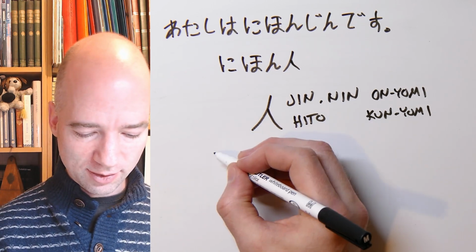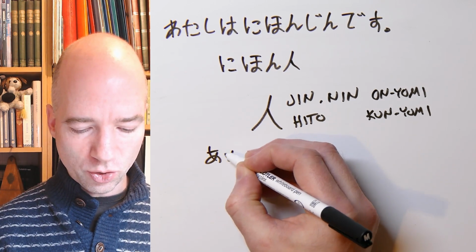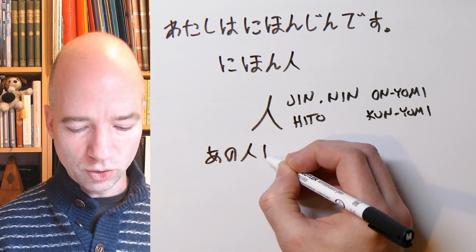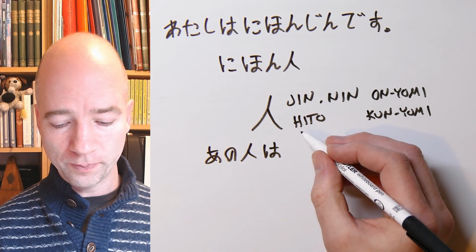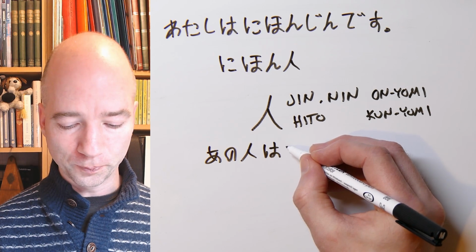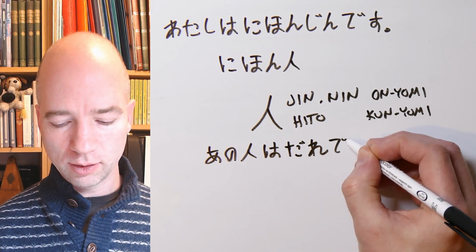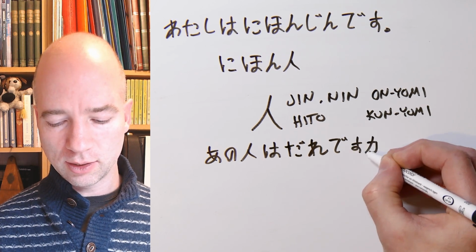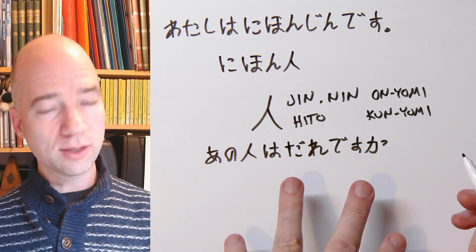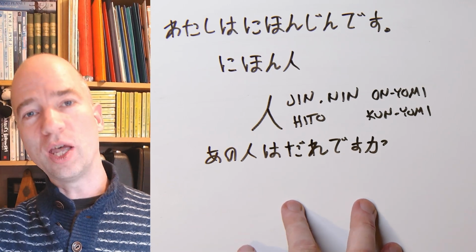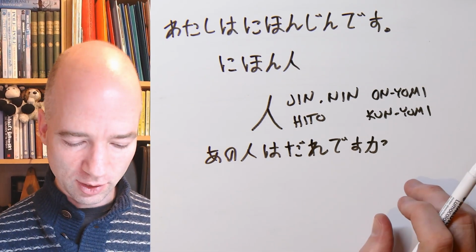So we have that: ano hito wa dare desu ka. Who is that person, away from both of the people talking.